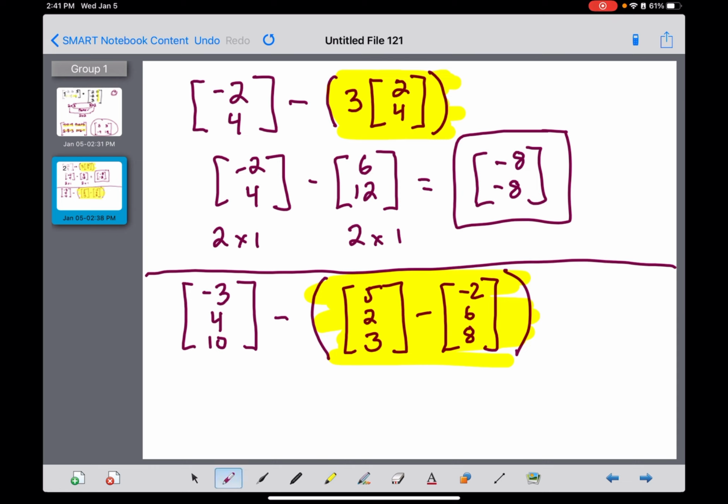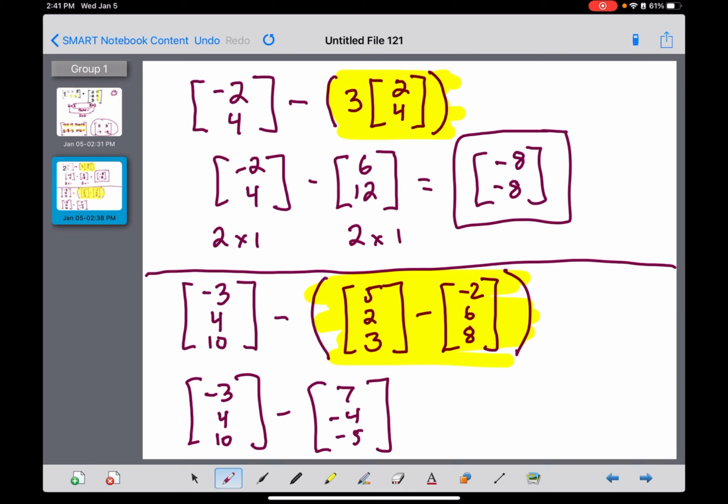So the first one, again, we leave it alone, -3, 4, and 10, minus, now I look at the matrix and first make sure I can do it. I can do it. 5 minus -2, 7. 2 minus 6, 3 minus 8, it's -5.